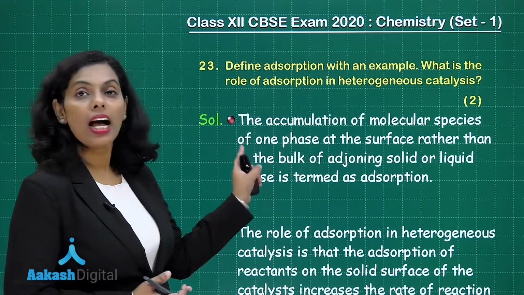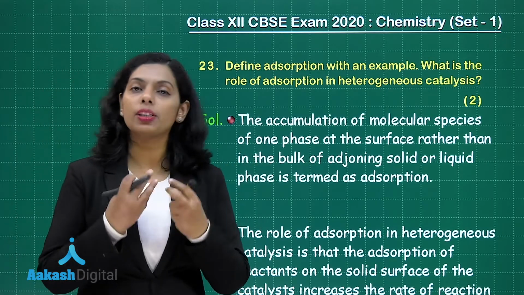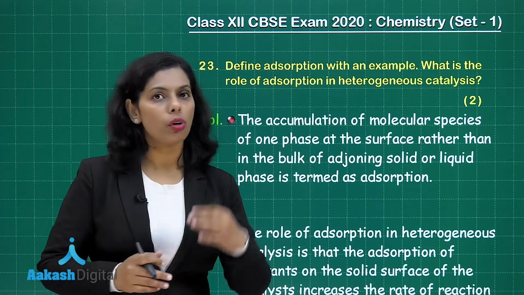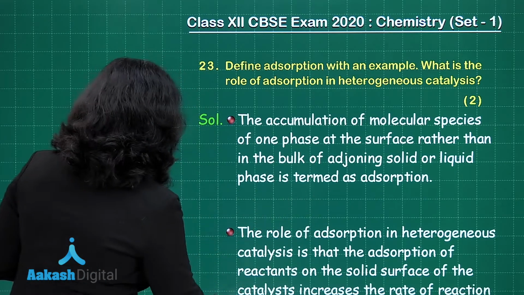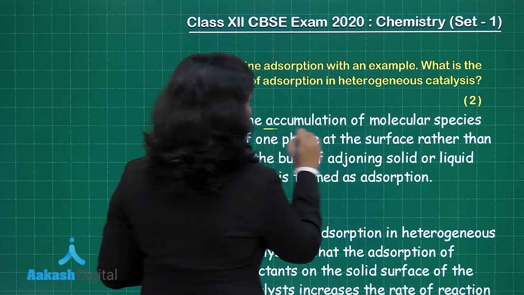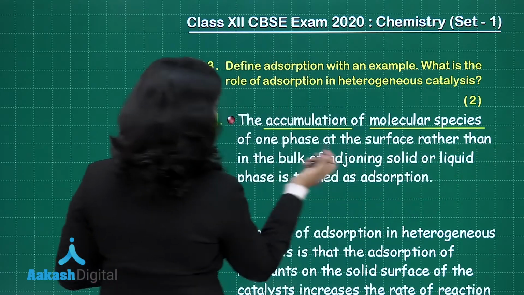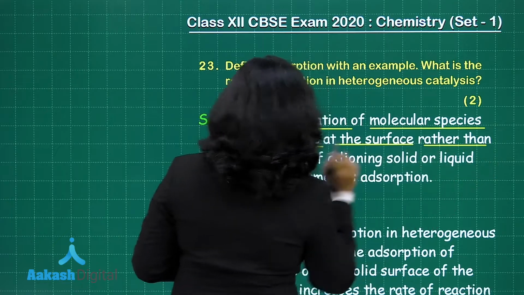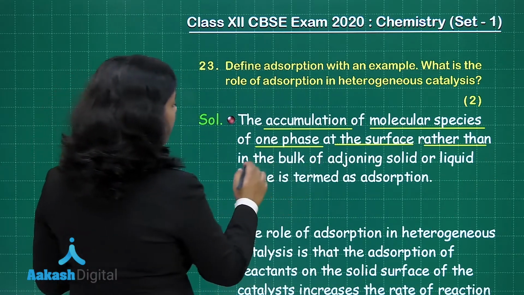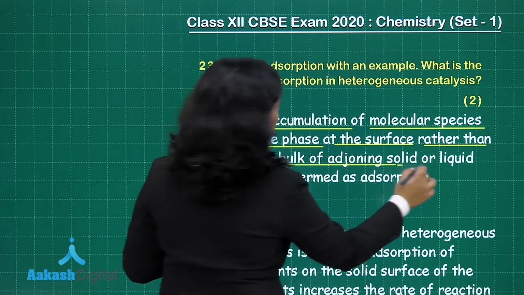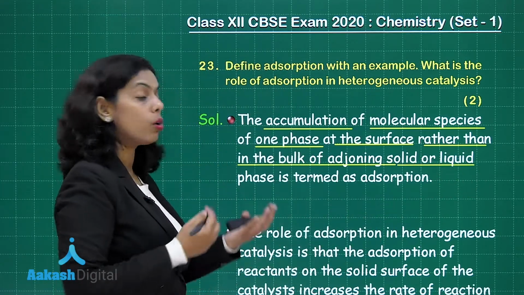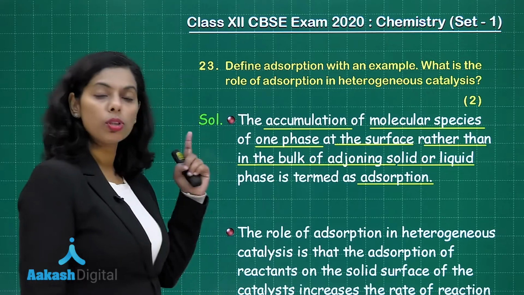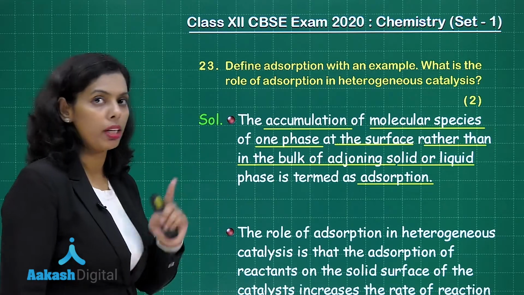You can simply answer this by writing that adsorption is the accumulation of molecular species of one phase at the surface of another species rather than in the bulk of that species, whether it is solid or liquid, and this process is termed adsorption. So adsorption is basically a surface phenomenon, right?